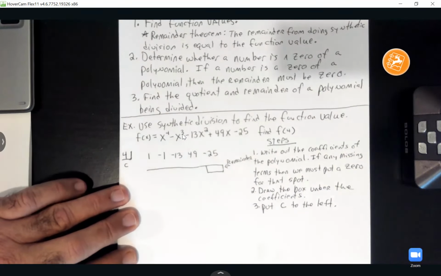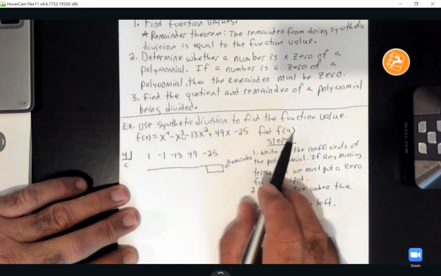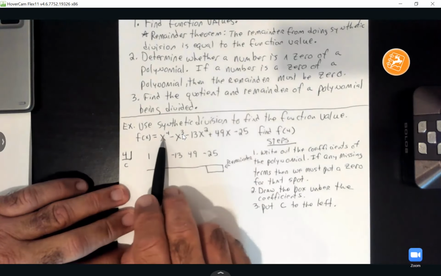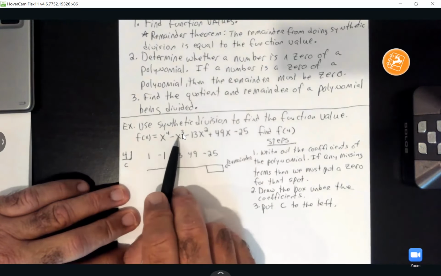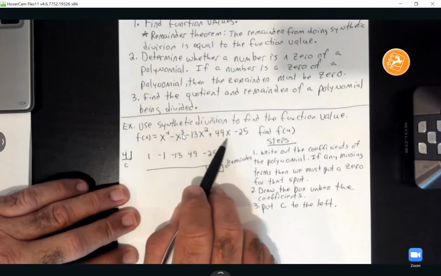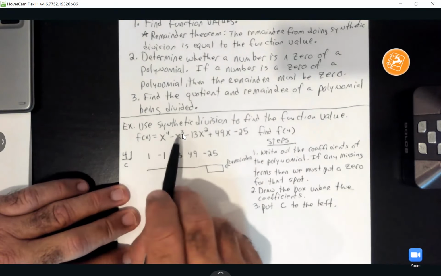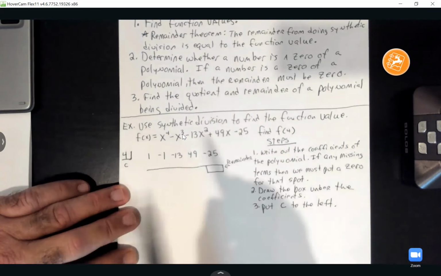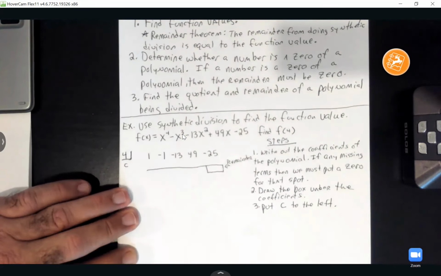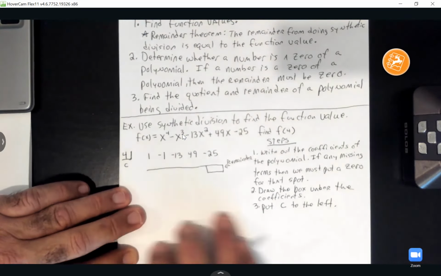All righty. Now, normally, by hand to find f of 4, we'd have to put a 4 here, a 4 here, a 4 here, and a 4 here. Then we'd have to do exponents and then add, subtract, and all that fun stuff. Watch this synthetic division. It's pretty smooth.